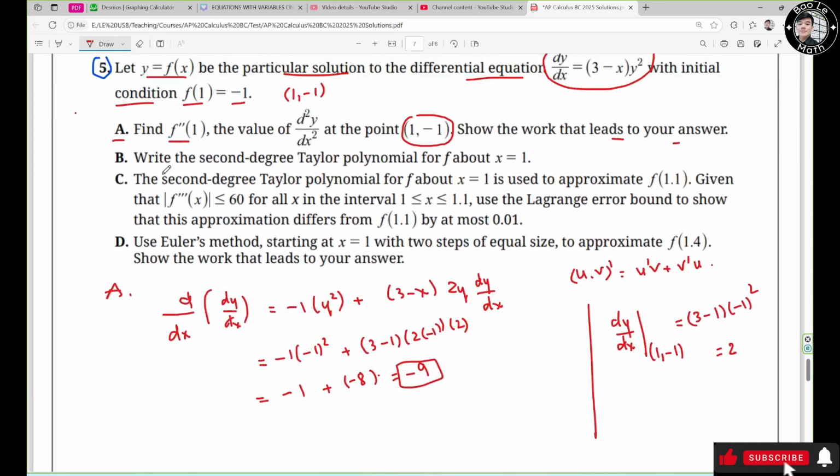Now let's move on to question B. Write the second degree Taylor polynomial for f about s equals 1.